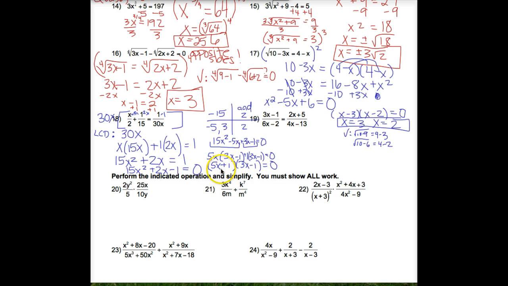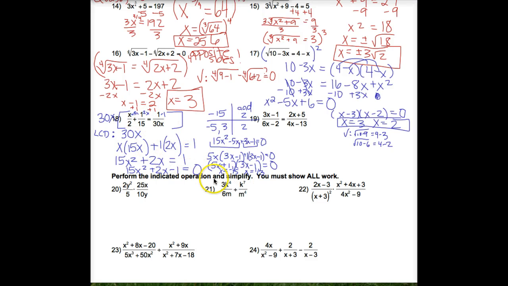So when I solve this one, I get x equals negative 1/5. When I solve this one, I get x equals 1/3 because you're setting each of those equal to 0. 5x plus 1 equals 0 gives you negative 1/5. 3x minus 1 equals 0 gives you positive 1/3. So now check for the extraneous.